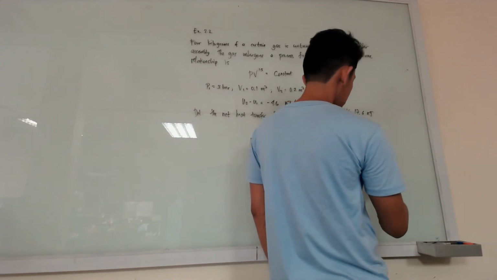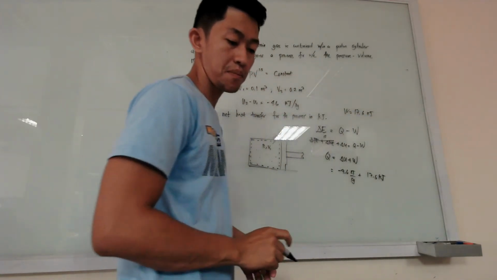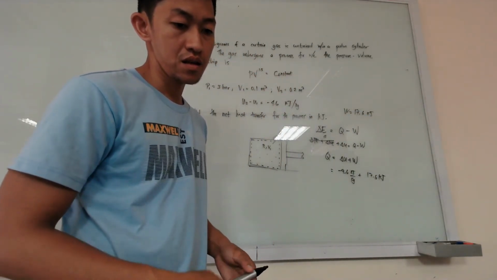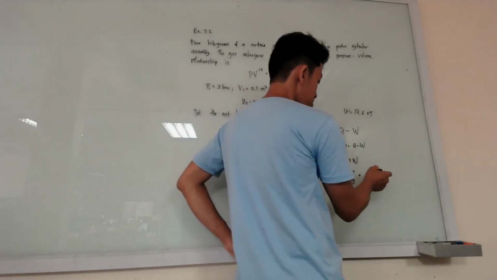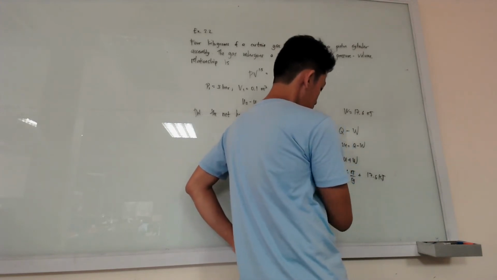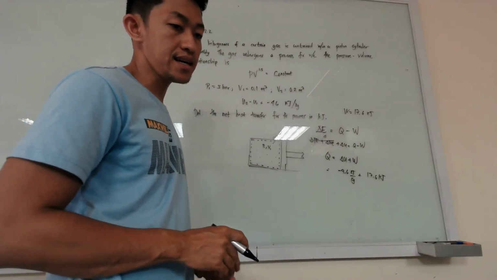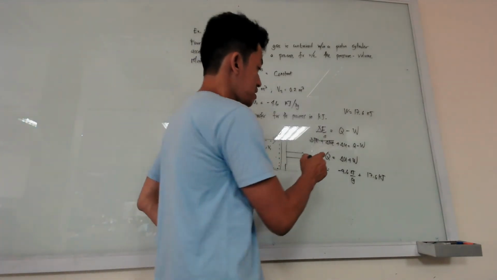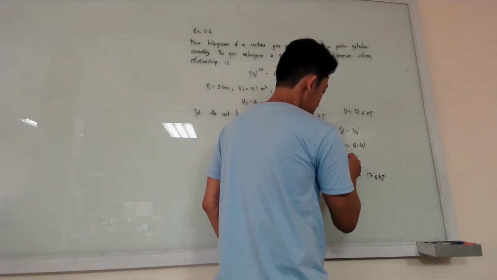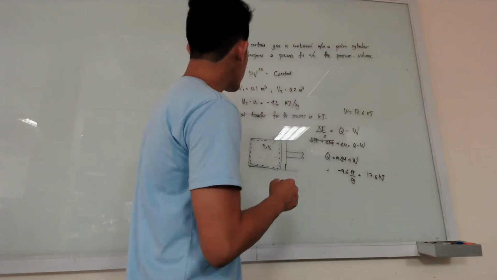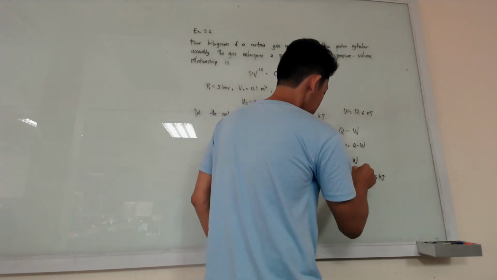So, this is kilojoule. Kilojoule per kilogram and kilojoule cannot be added. So, what we need to do is, the given is the change in specific internal energy, so you need to multiply by mass. Multiply by mass. The mass is given, 4 kg. So, times 4 here.